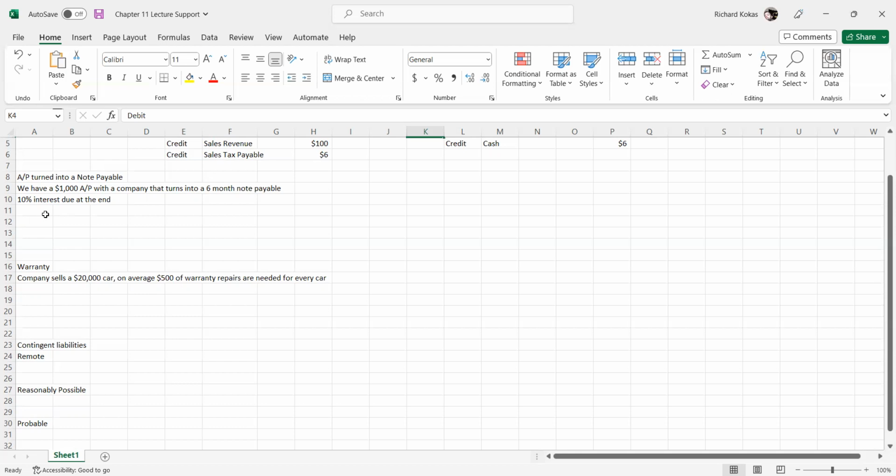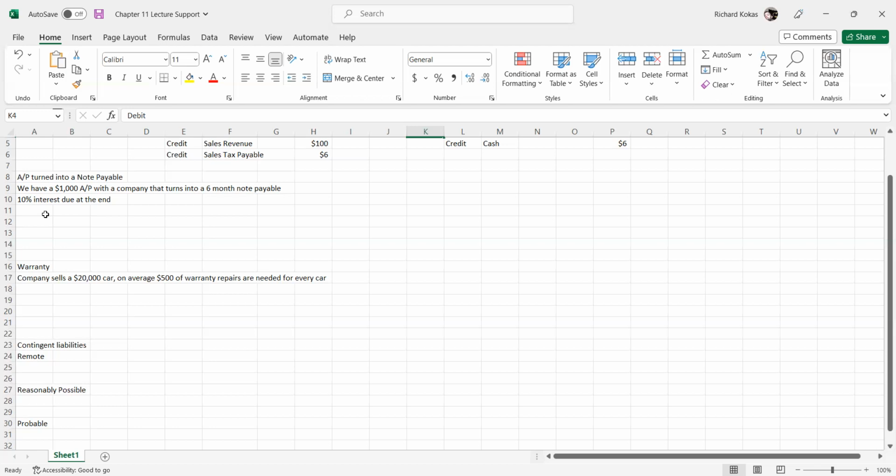By a little bit, I mean up to 3 months max, generally. Once you're given more than 3 months, and this isn't a set in stone rule, it becomes a note payable. The difference is that once it has that label, it comes with interest. You have to pay interest on it.